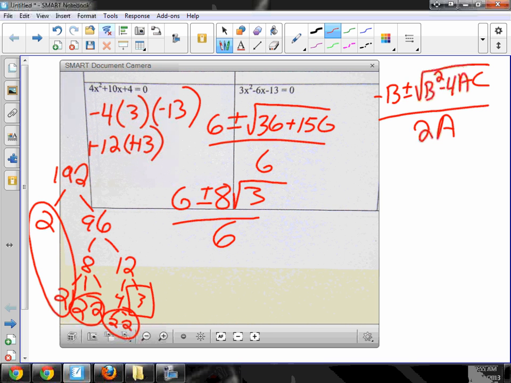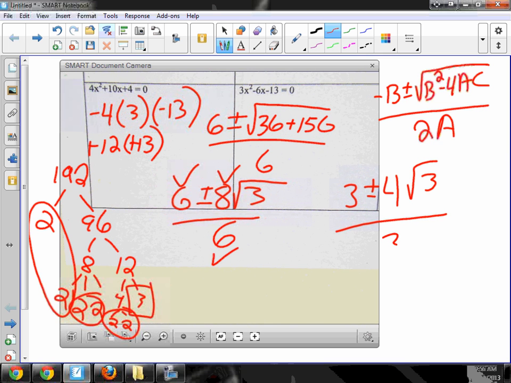So we ignore that the root is even there. But does 6, 8, and 6 have any common factors? They all share a 2, so I can pull a 2 out of everything, and I get 3 plus or minus 4 root 3 over 3. And that's the answer.